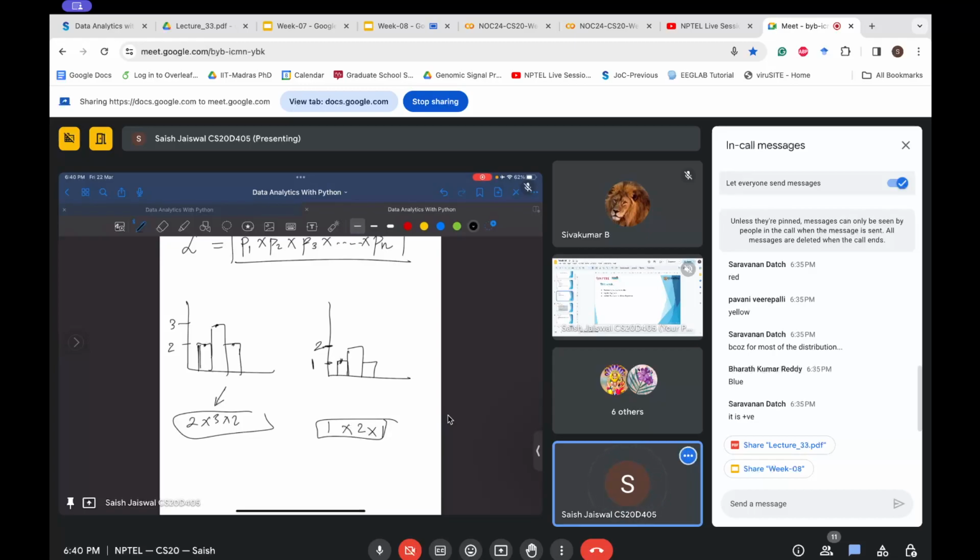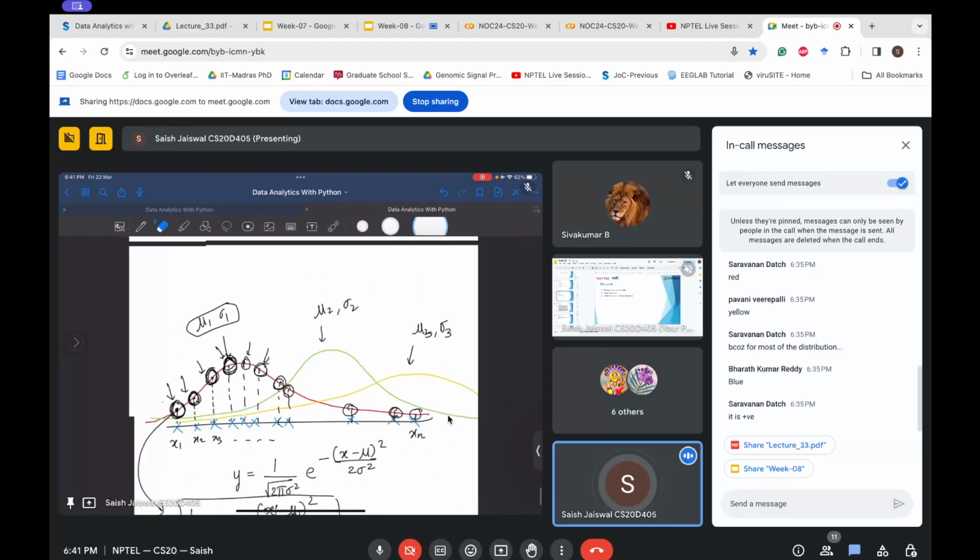Here the value of each of these random variables is higher. Let us not consider them as probabilities, just consider them as values only. I just wanted to give some intuition behind why we consider the product of these particular probability values. So here the product of these values is definitely higher.